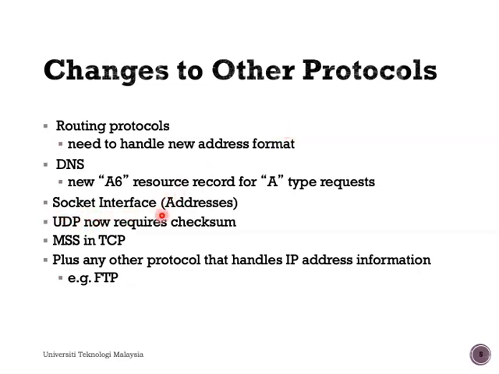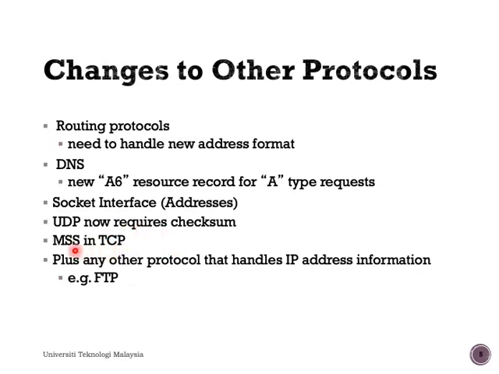The socket interface also needs to be changed in terms of addresses. Whatever applications or upper layer protocols involve addressing need to be changed according to the IPv6 address. Also for IPv6, UDP now requires a checksum. In IPv4 it was optional, but for IPv6 the UDP checksum field is mandatory.